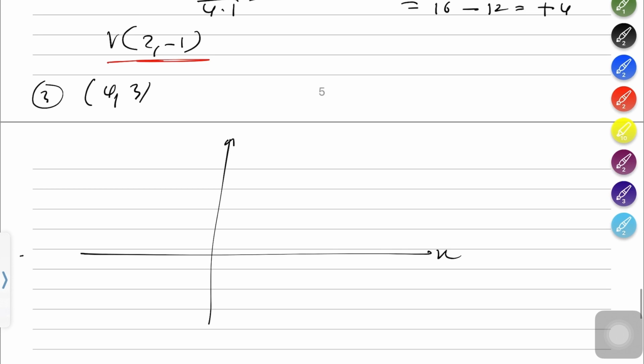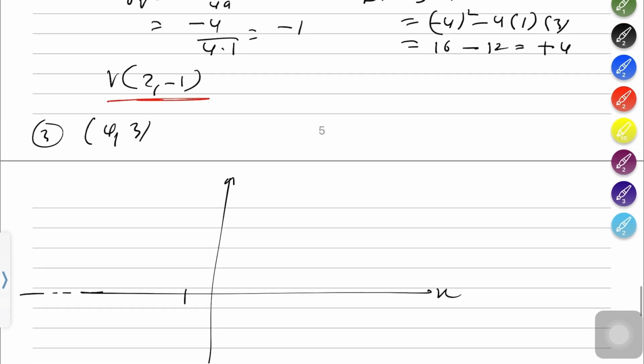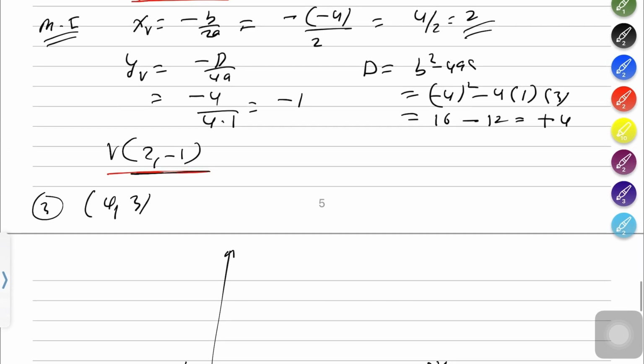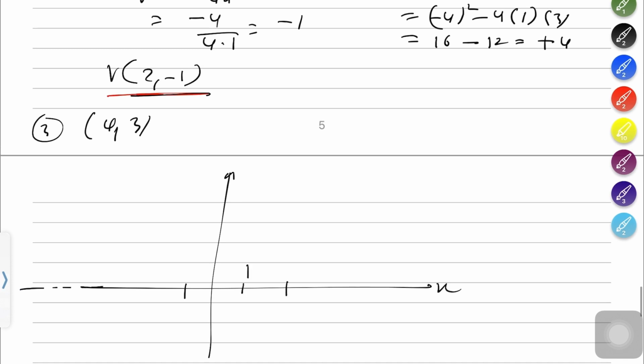Okay, let's plot it. The vertex is 2 comma minus 1, so here is the vertex, and it's opening upward, and it cuts the y-axis at 0 comma 3. So while plotting, it is something like this.